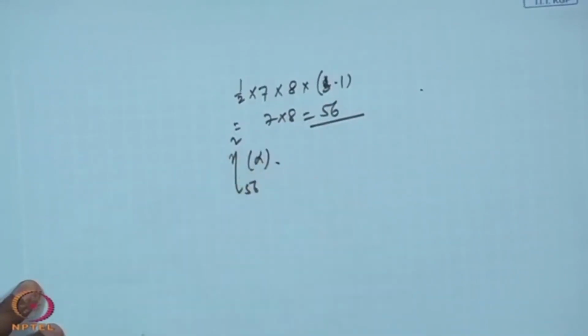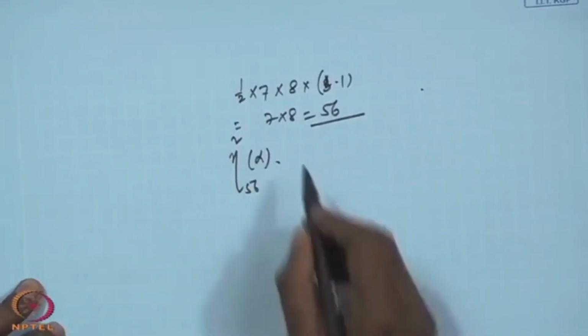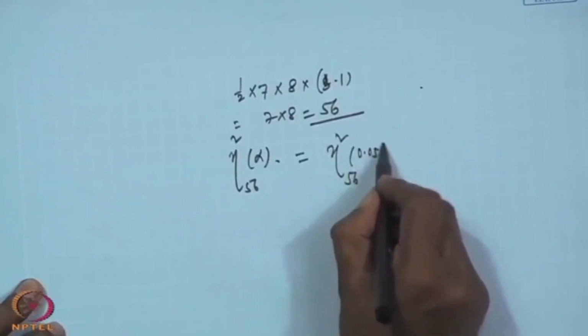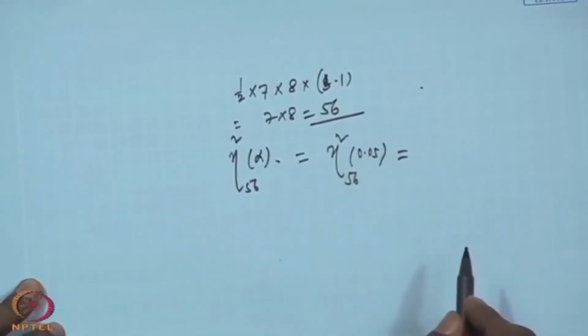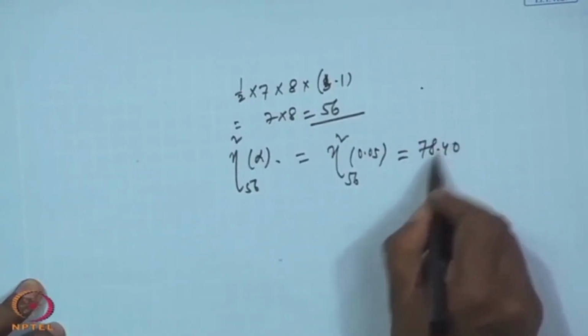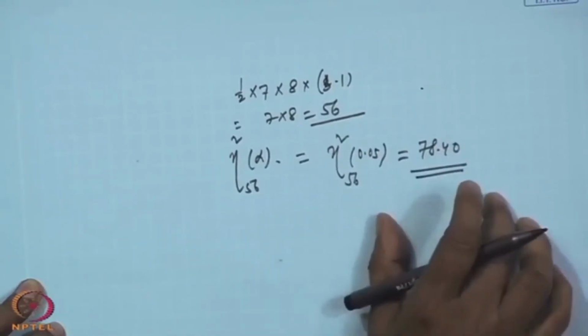Now, what will be your alpha value? You choose. If you choose alpha value equal to 0.05, then chi square 56 at 0.05 is 78.40, you will get from the table.